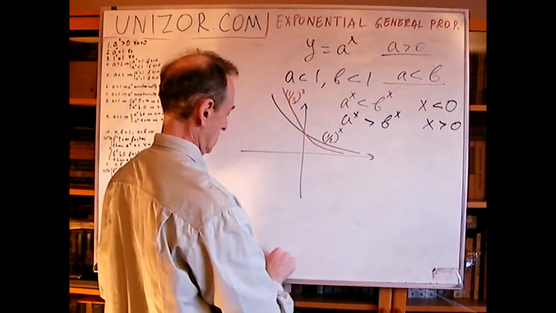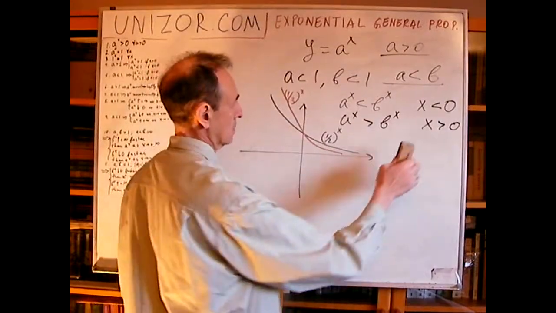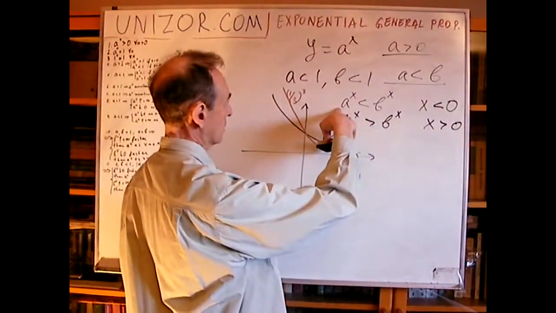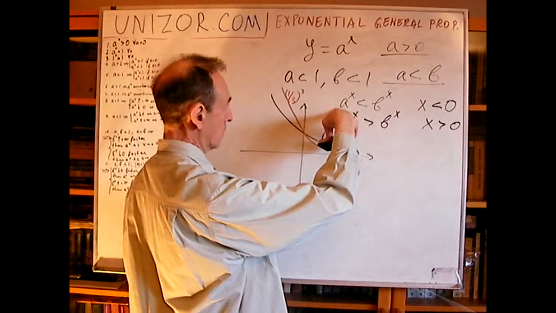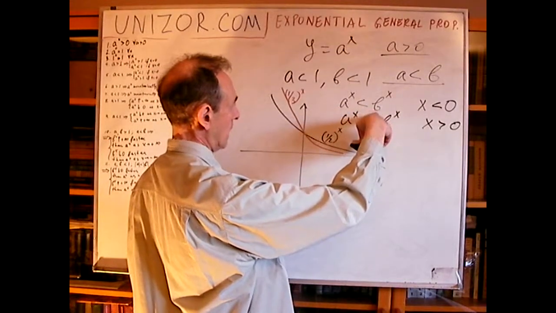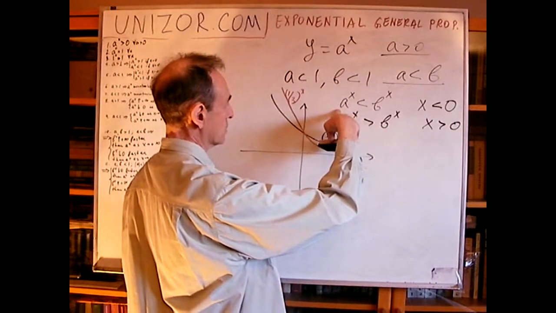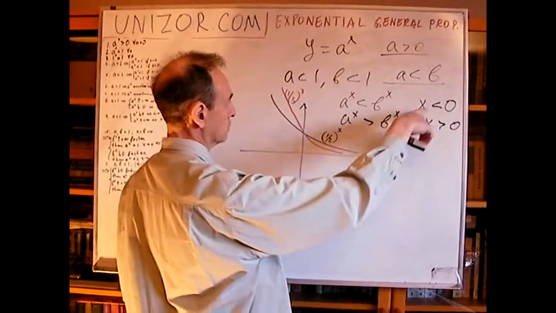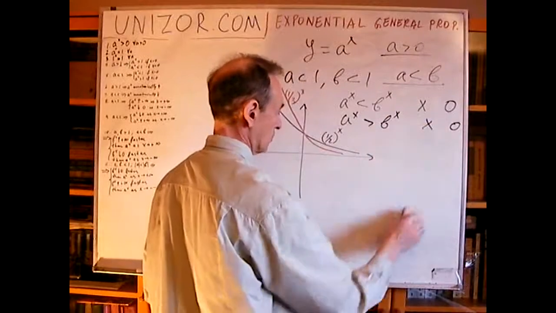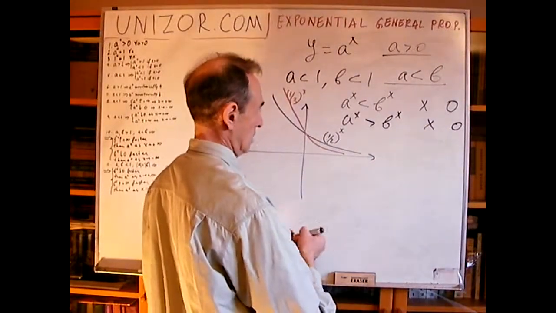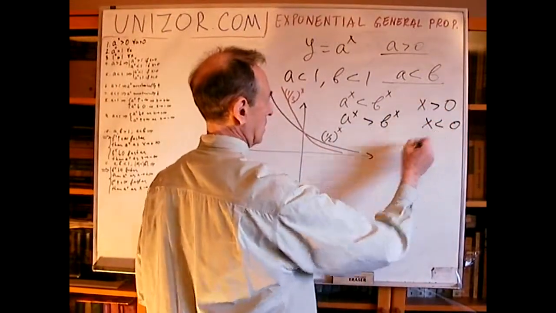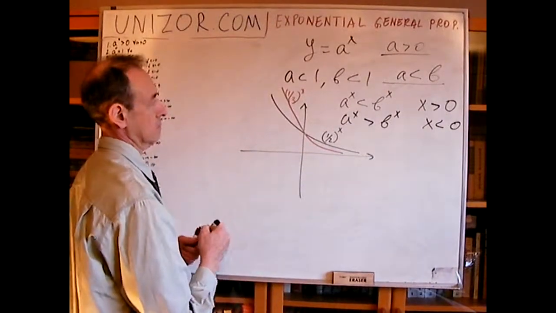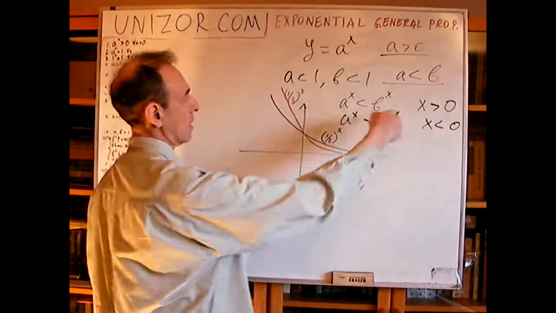No, it looks like I just mixed it. 1/3, 1/2. 1/3 to the power of x is smaller for positive x. I'm sorry, for positive x. And this is for negative x. Right. It should be an opposite, right?